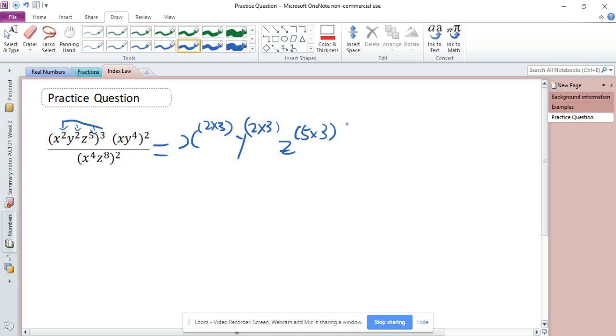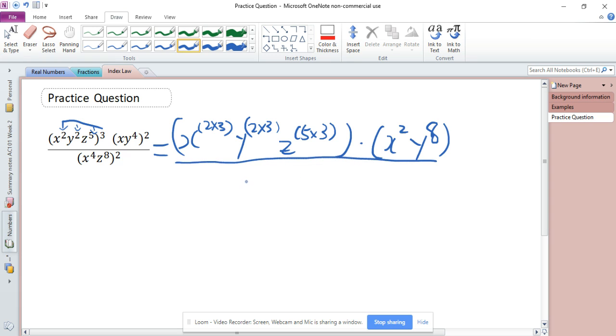In the second bracket, x squared, y to the power of 8, since 4 times 2 is 8, divided by x to the 8, y, oh sorry, z to the 8 times 2, which is 16.